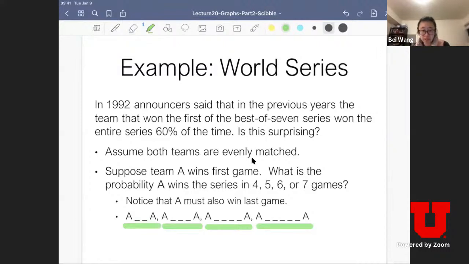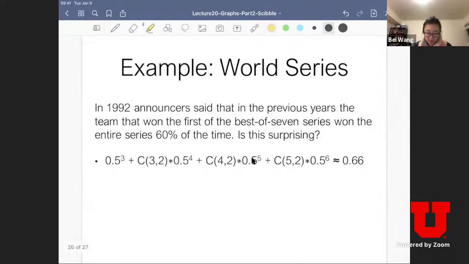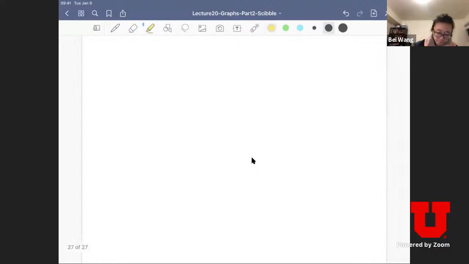If you read the problem statement more carefully, this is actually a question regarding conditional probability again. It says the team that wins the first game of the best-of-7 series wins the entire series. So if I want to derive it, it's a conditional probability where event 1 is A wins the first game.